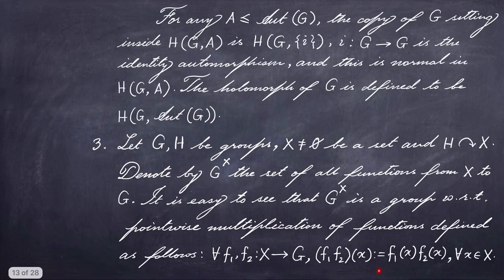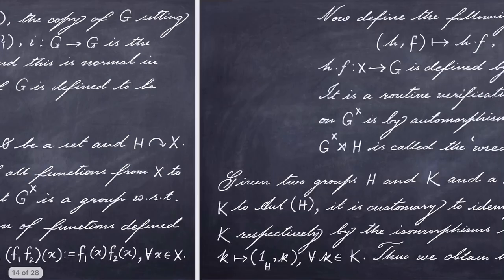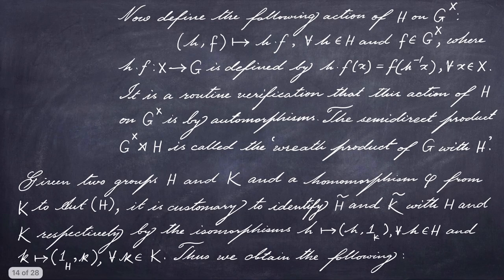This is because the multiplication in G^X is defined pointwise. This object is called the wreath product of G with H. I just mentioned it, as I have already said, for your general knowledge. Henceforth, this object will most probably not appear.